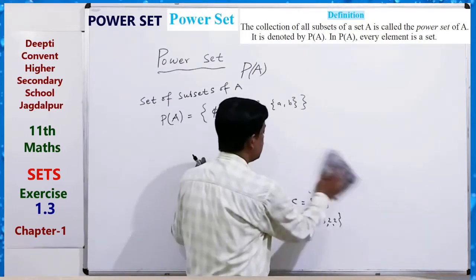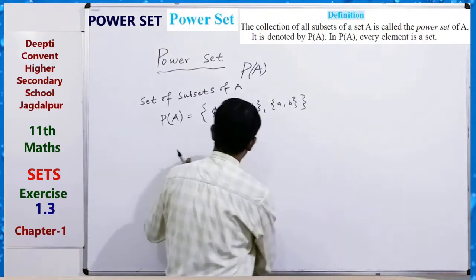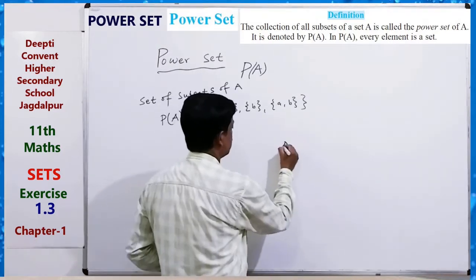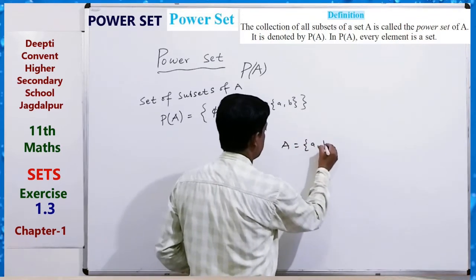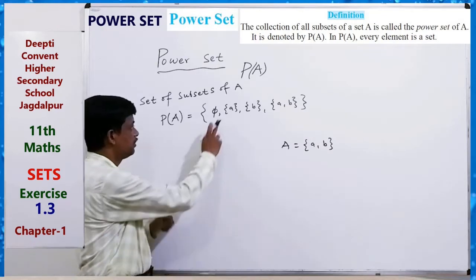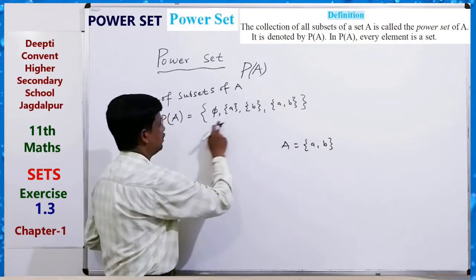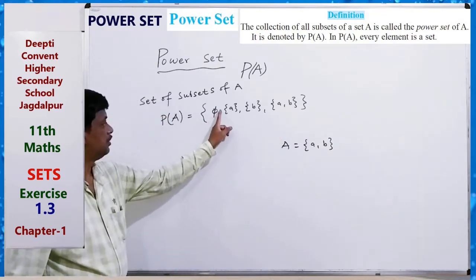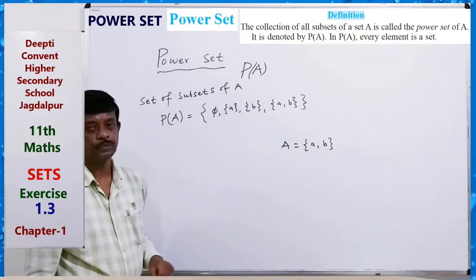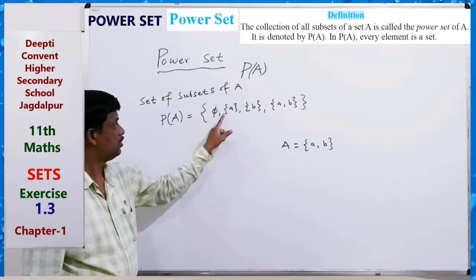Suppose there are n elements in the set. Here we see the set was A equals {a, b}. How many elements are there? 2. So how many subsets are there? 1, 2, 3, 4.